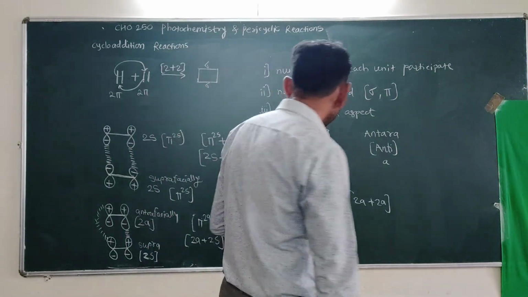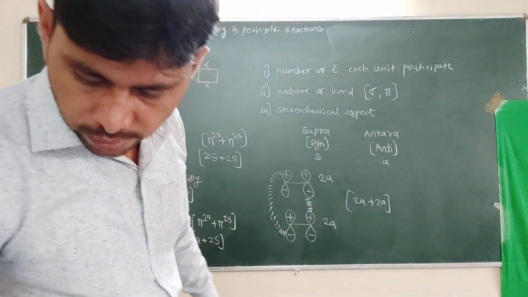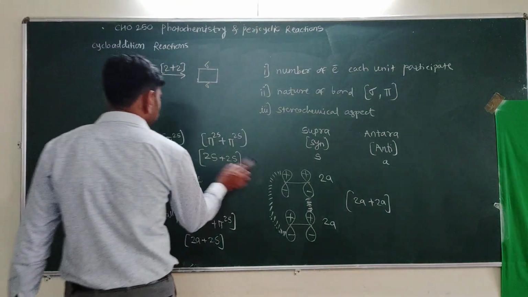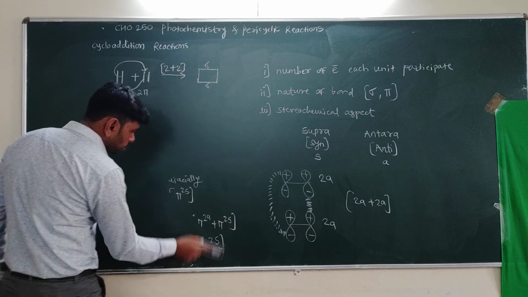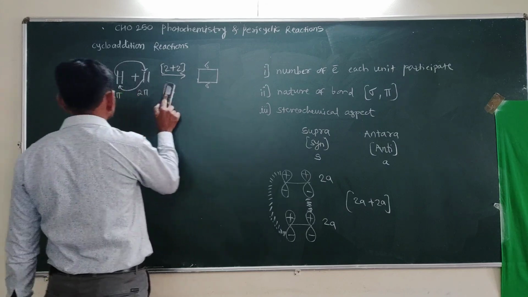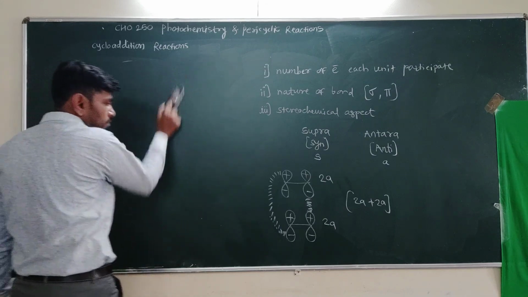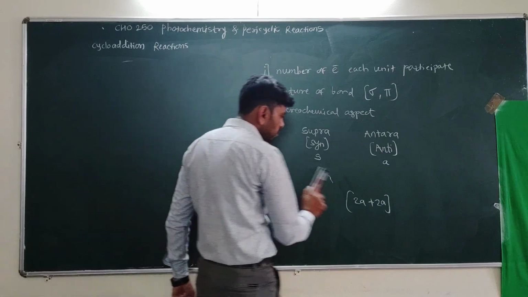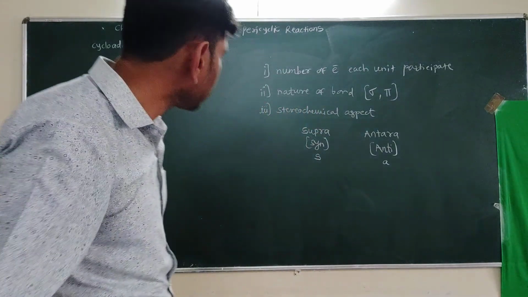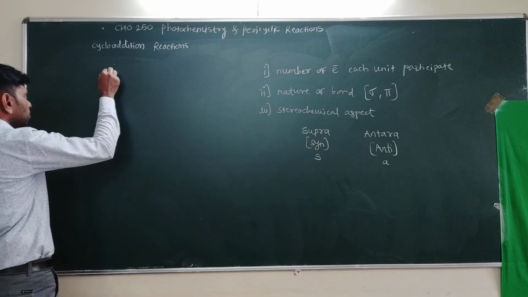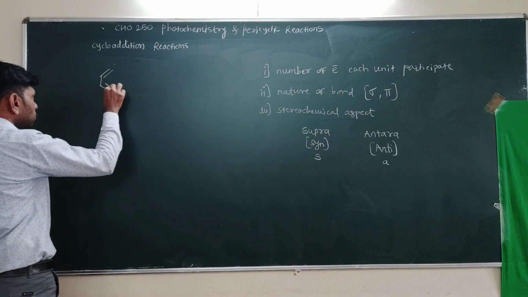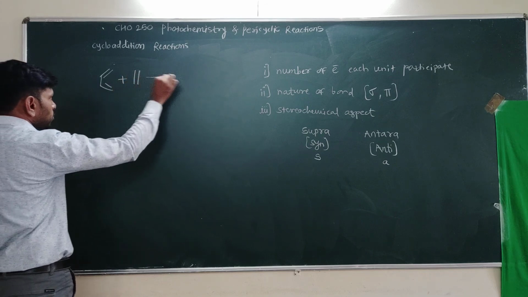So this is the stereochemical aspect. Let's see the stereochemical aspect by using another example, that is a 4 plus 2 pi electron system. So we get a better idea of how to classify suprafacial and antarafacial. So this is a 4 pi electron system plus a 2 pi electron system.